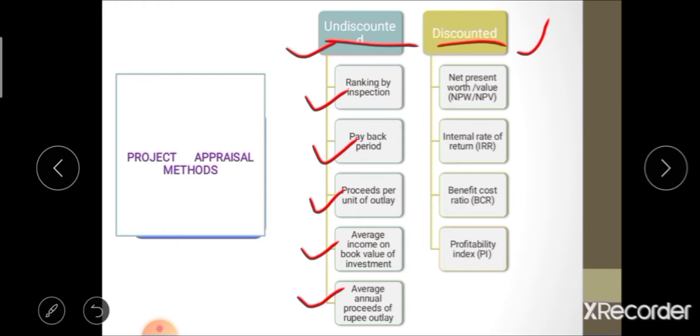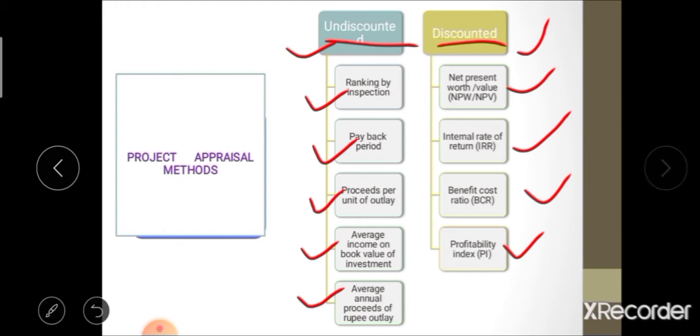These are the different methods of undiscounted measures of project appraisal. Under discounted measures of project appraisal, the first one is NPW or NPV, that is net present value, then IRR, internal rate of return, then BCR, benefit cost ratio, and the last one is PI, profitability index.